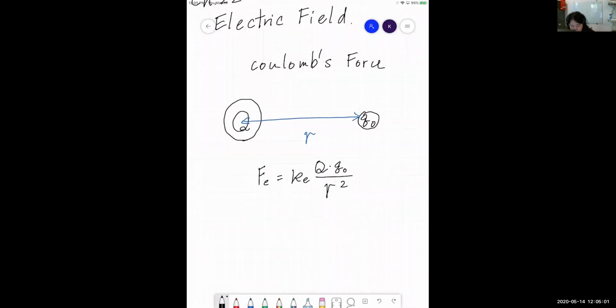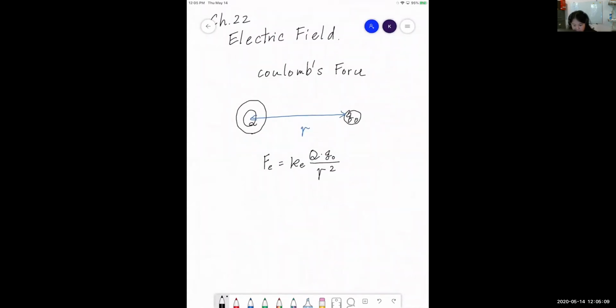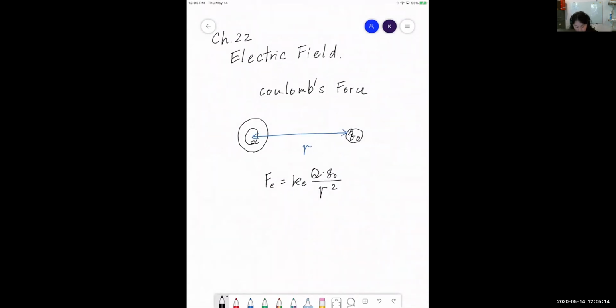What we are saying is that, this is the electric force. We're going to define the electric field now. What we're going to do is take out this little q naught.